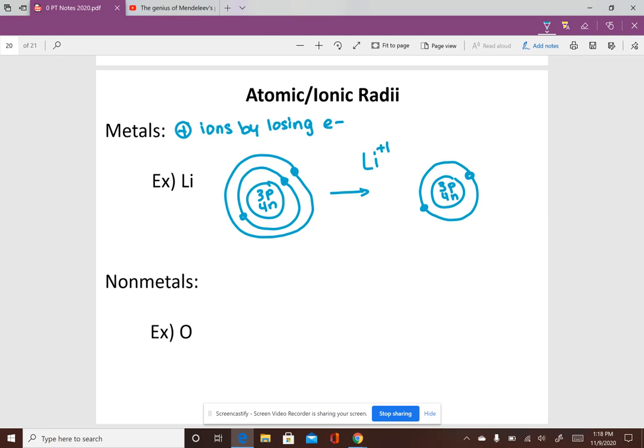It got smaller. That's true for any metal because the metal always loses electrons, so the valence shell goes down. So the atomic radius, let's say the ionic radius, is smaller.